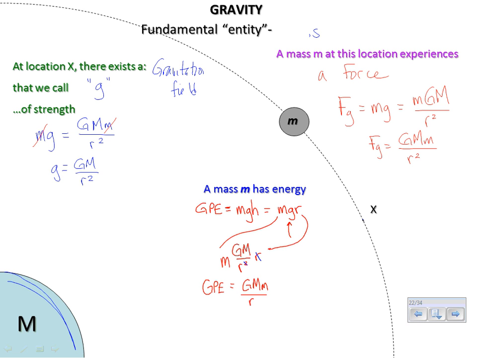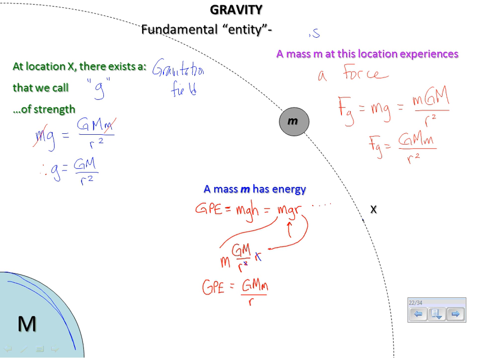So there's a different way of expressing gravitational potential energy that we haven't seen before, using what we've picked out here with an expression for g and our known expression for gravitational potential energy. Hopefully that works out for you.